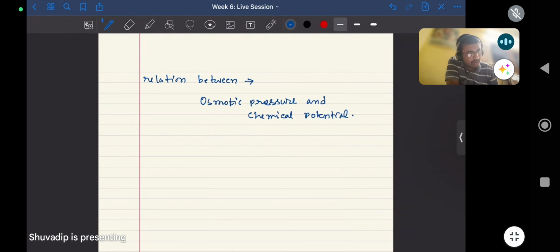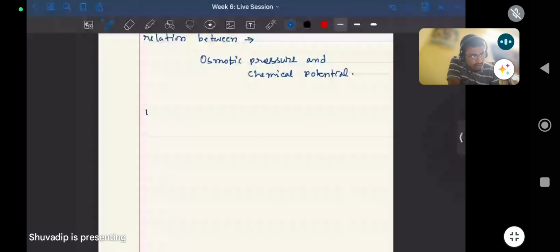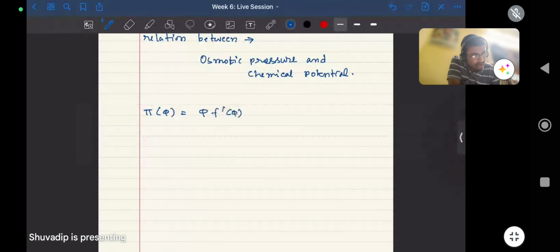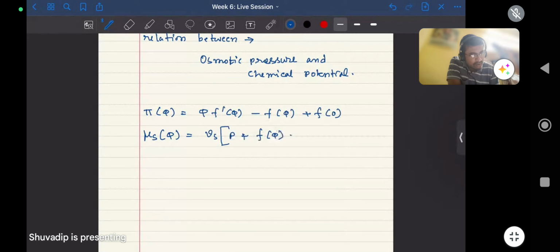We have calculated already the formula for osmotic pressure. So pi of phi is defined as phi f prime phi, it is discussed in lecture in detail, plus f0, and mu s of phi is like v of s p plus f of phi minus phi f prime phi. All these formulas are derived in lecture.